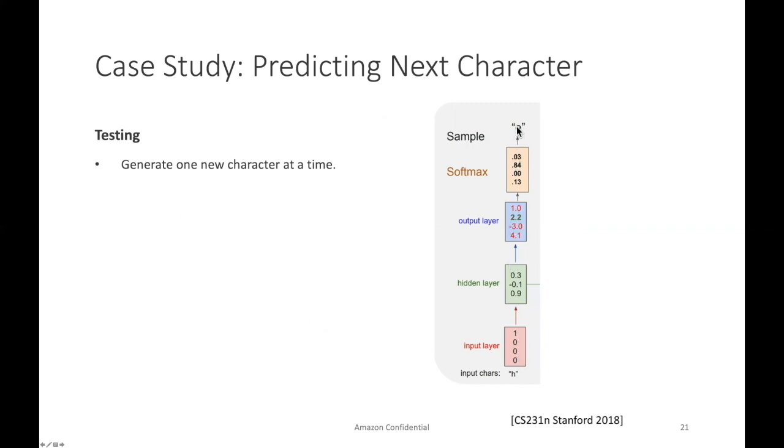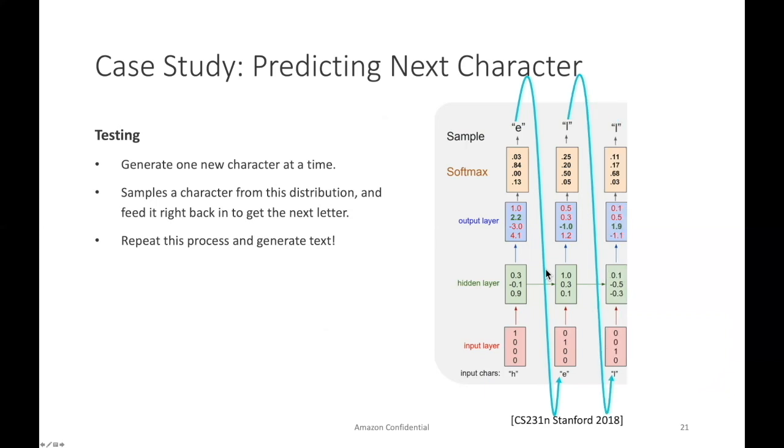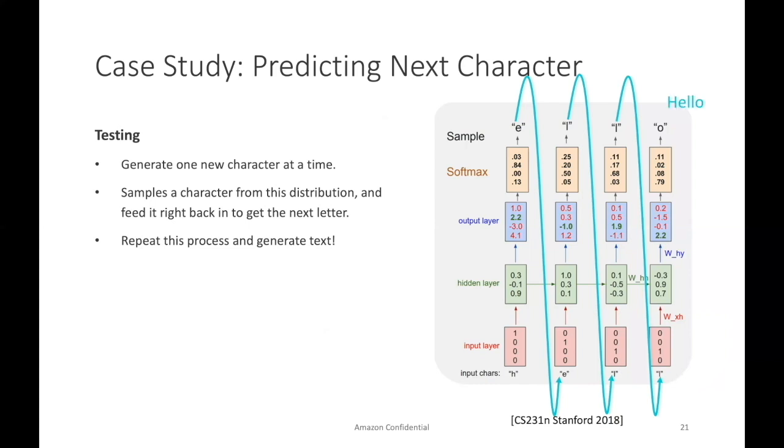Whatever the next letter is, we normalize it by doing a softmax distribution, we get the next letter, and then we feed the next letter into the RNN again, along with the hidden state from here. So we keep doing that. We keep feeding the next letter that is generated in the previous time step continuously into the RNN, and that helps us generate the overall text.